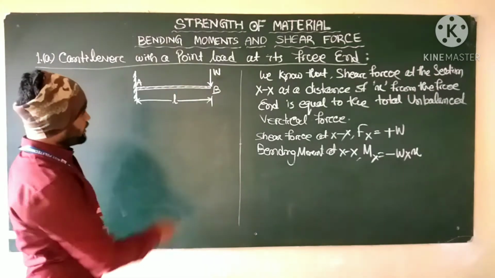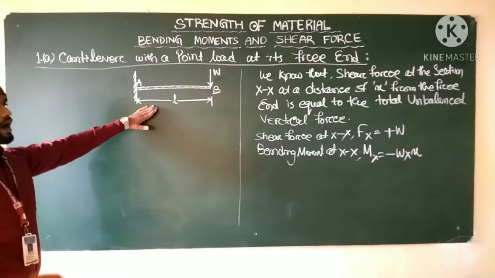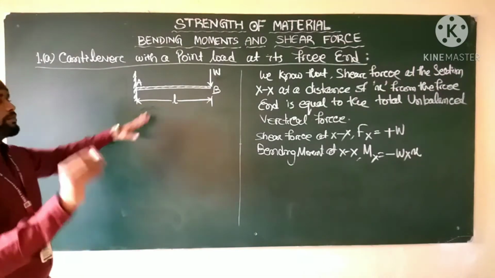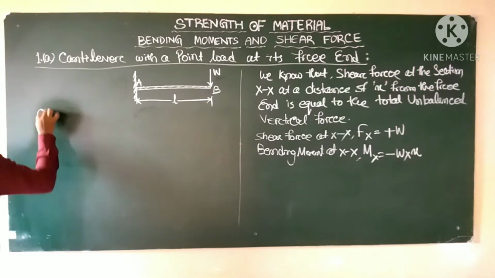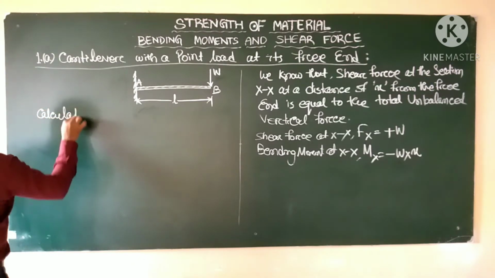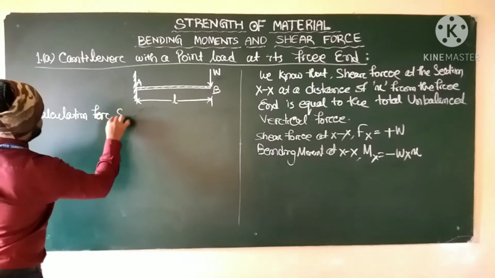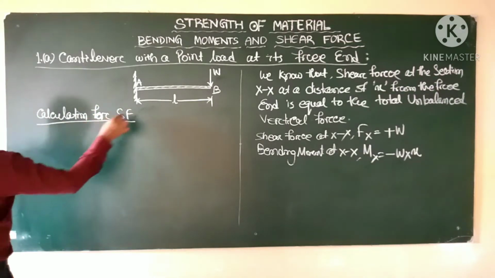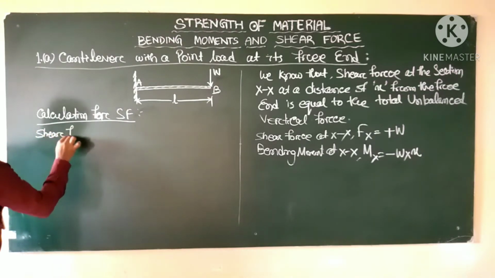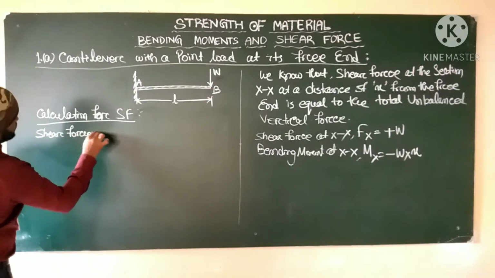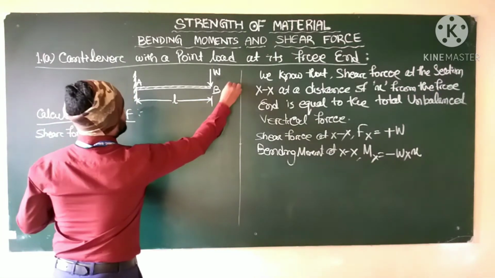See here, I can draw this. So for this figure, how will we calculate the shear force or bending moment? First write the calculation for shear force. We will calculate from the right hand side.